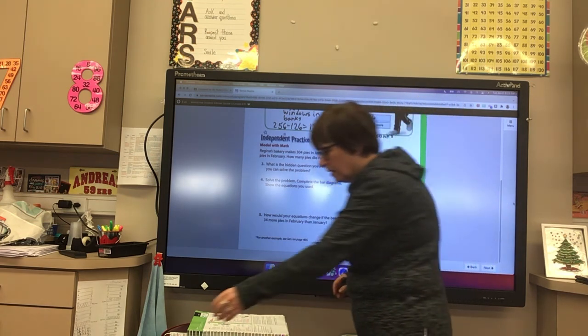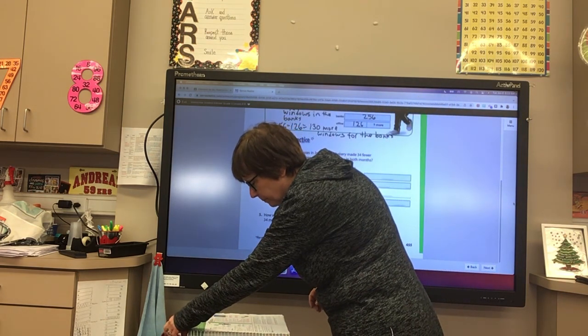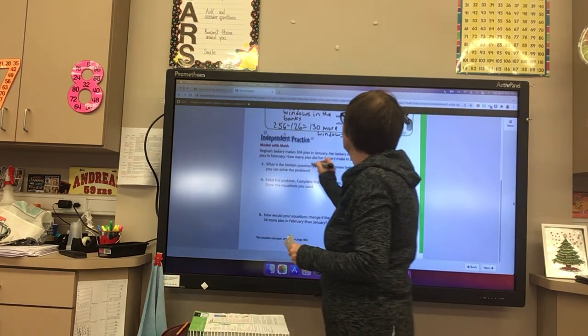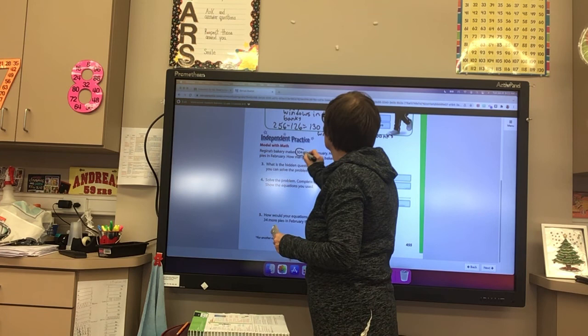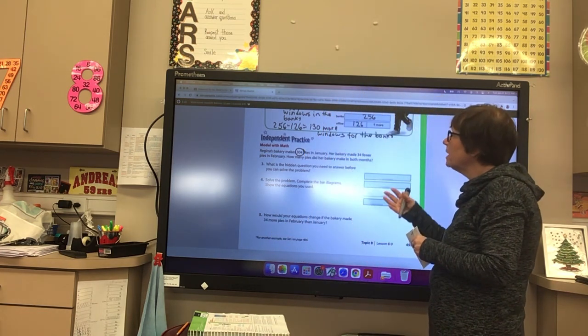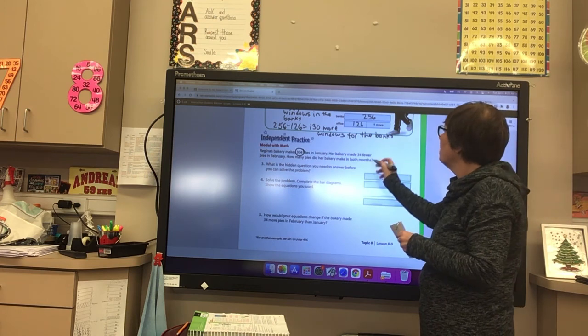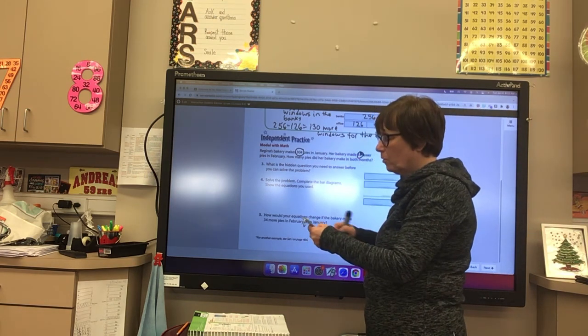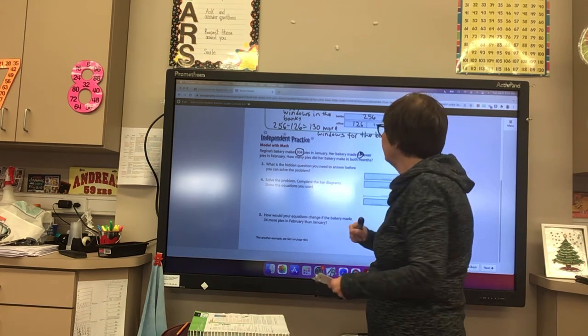So first, let's use our cube strategy. Let's circle our important numbers. Here are our important numbers. That would be an important number, 304. And what would be another important number here? How about this? 34. Now we also want to underline the question we need to answer.